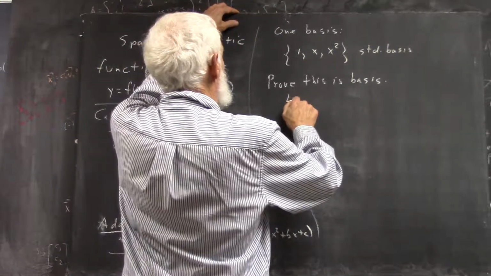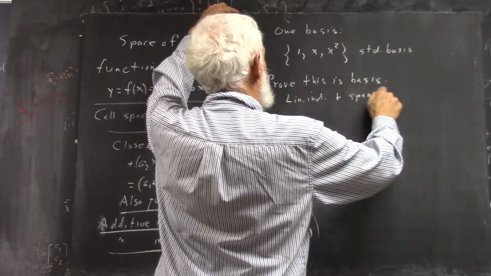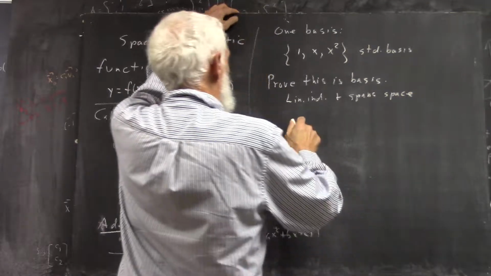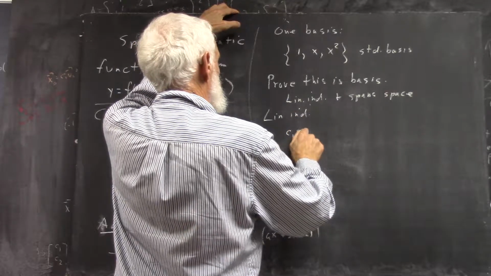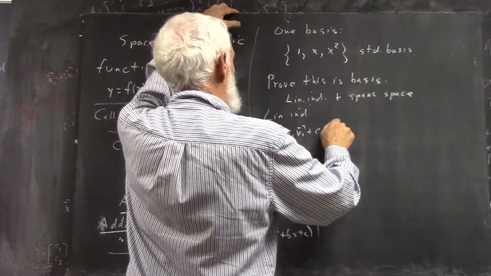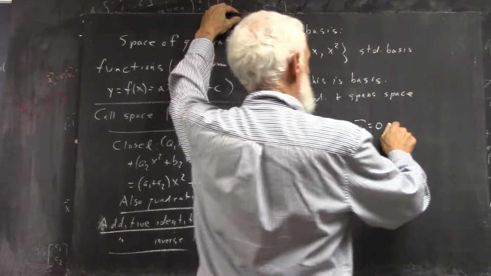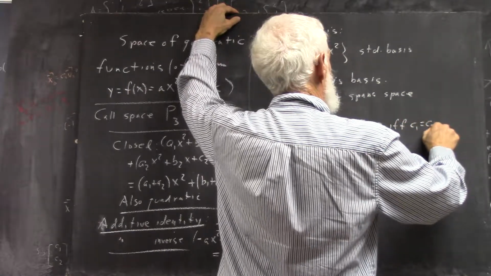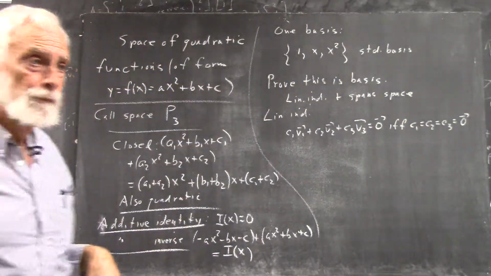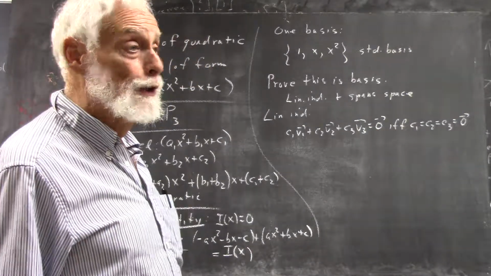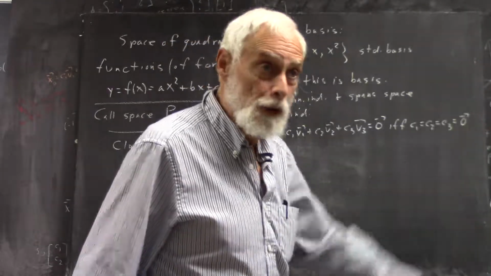Okay, linearly independent. There's your definition of linear independence: that the sum of multiples is zero if and only if all the multipliers are zero.